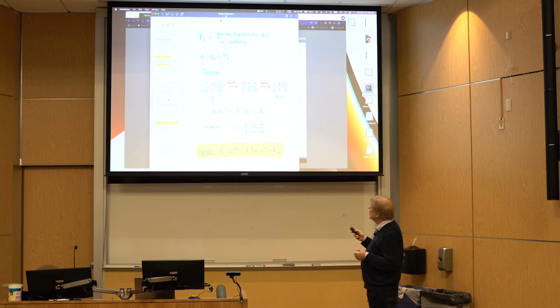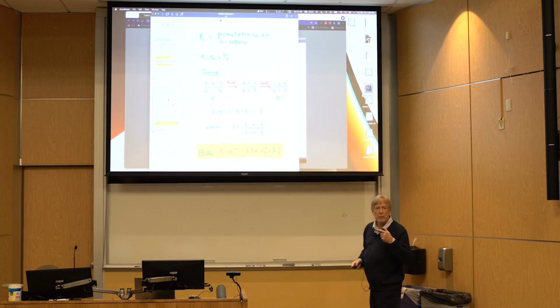And it's also easy to see that every permutation has an inverse. And I'll describe a table theoretic way to do that. We take the table for one permutation, we flip it over, and then we sort it so the first row is all in order, and then the second row is whatever it has to be. And that gives you the inverse, which curiously enough in this case is the same as pi 1.